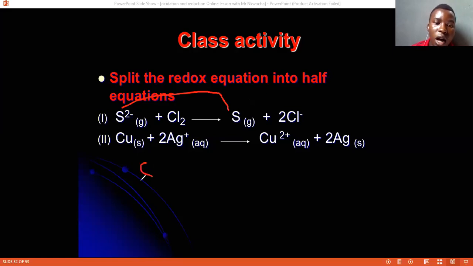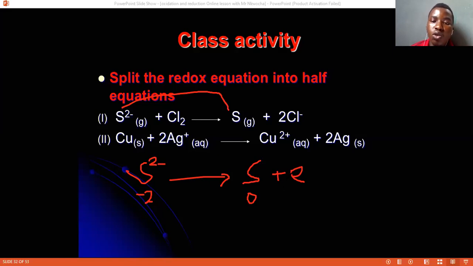So S2 minus goes to become S. The oxidation state of this one is minus 2, the oxidation state of this one is 0, so it has increased. Whenever there is an increase, that means it's oxidation, that's loss of electron. So you put the electron on the right hand side. What is the difference between 0 and 2? That's 2, so that's why I put 2 here. So that's the oxidation half of that first equation.